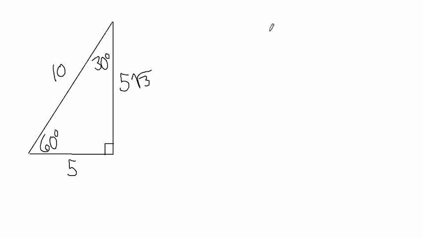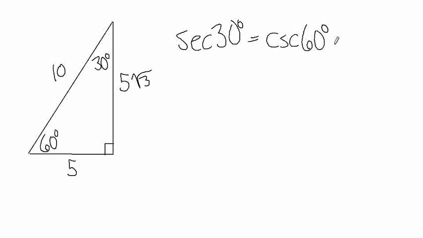Okay, so using the angle identities we just learned, the secant of 30 degrees is equal to the cosecant of 60 degrees. Go ahead and work out what ratios correspond to each of those function values, and you will see that both of them correspond to 2 root 3 over 3.